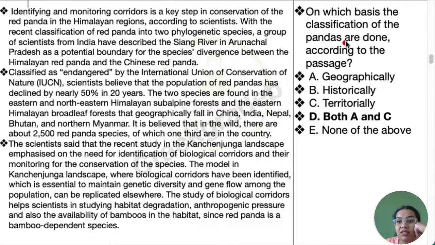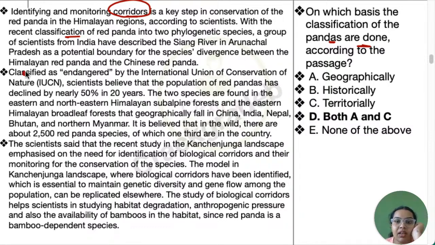On which basis is the classification of the pandas done? So let's see what the passage says. Identifying and monitoring corridors is a key step in conservation, with the classification of red panda into two phylogenetic species. A group of scientists have described them in a way.